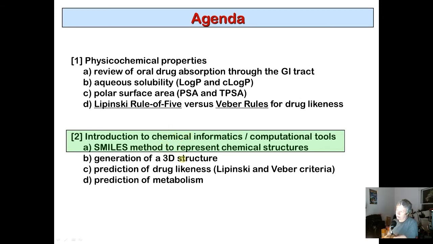So computer tools for drug discovery, and we call that chemical informatics, and some computational tools. We're going to get into something called SMILES, which is a text-based representation of chemical structure, and a couple other tools. Okay, so have a great night, and I guess on Thursday, I'll continue our discussion with some of these other things.